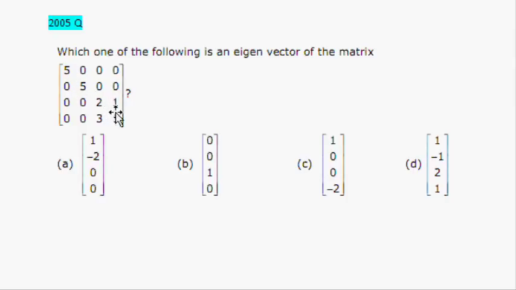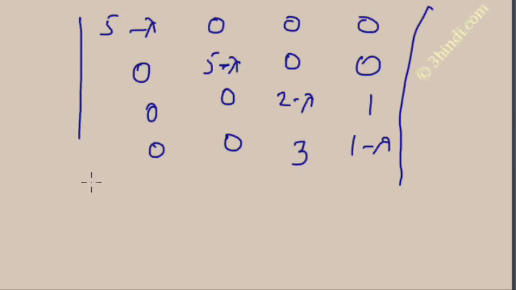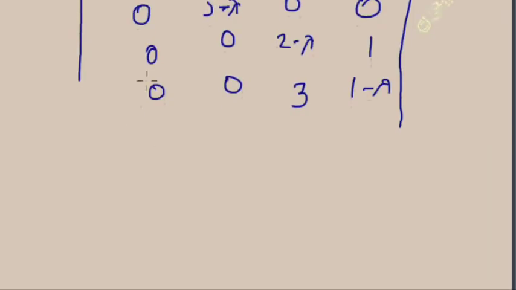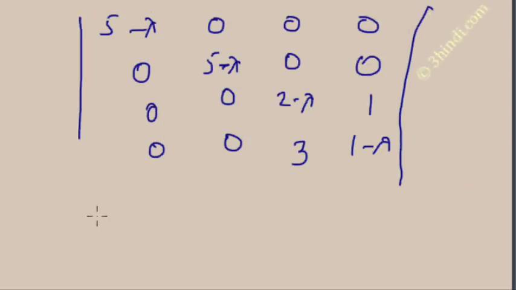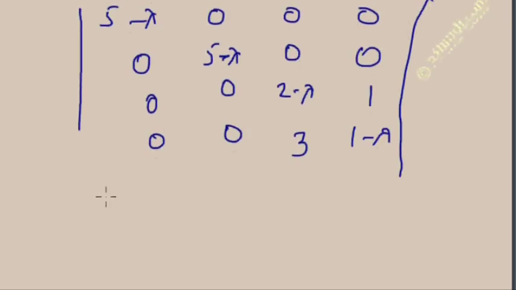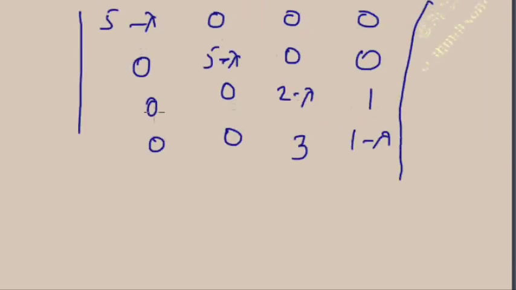So remember one rule. This is not an upper triangular matrix, so you cannot solve it easily. Here the rule is 5 minus lambda into the determinant of this, which will be equal to 5 minus lambda into the determinant of this.